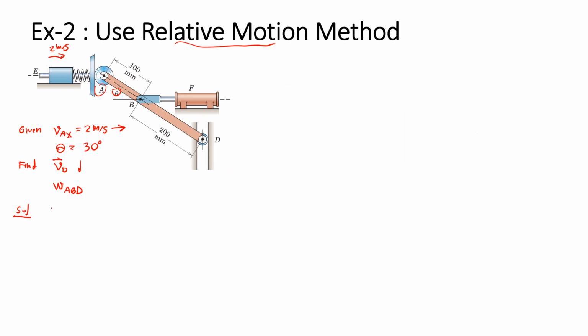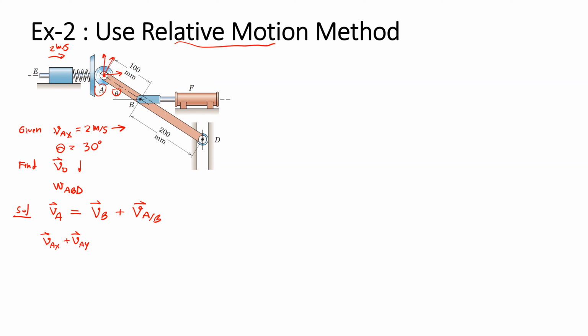The relative velocity of point A, when we compose it from the velocity of point B and the relative velocity of A with respect to B. Velocity of point A should be in the x direction and in the y direction, because here it can be moved in the complex, the combined direction, the horizontal and vertical combined direction.